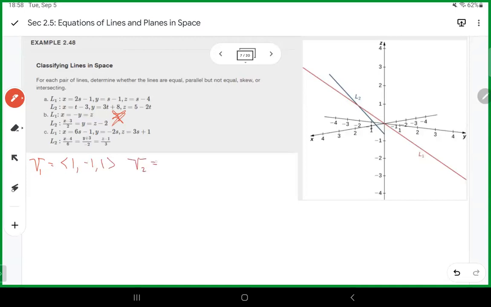Vector 2 from line 2 is 2, 1, 1. And it's actually passing through the origin, which is equal to 0, 0, 0.